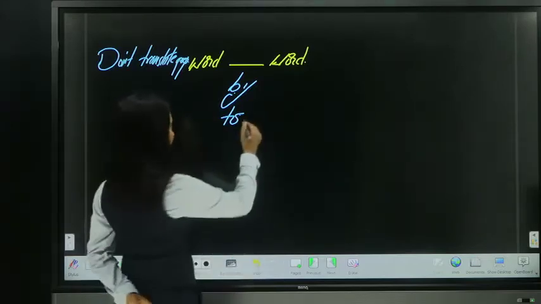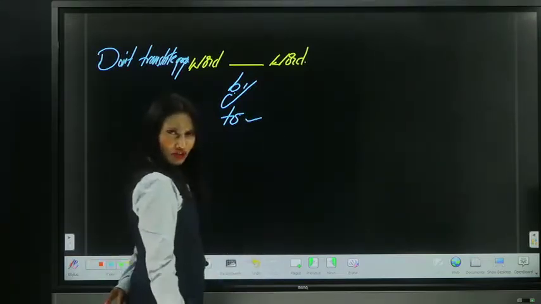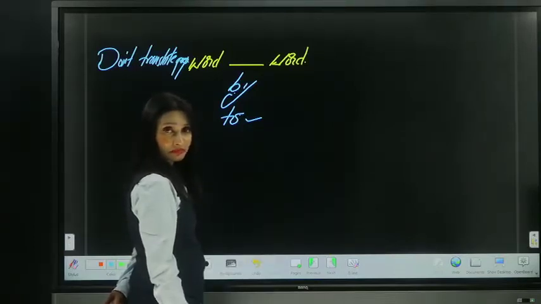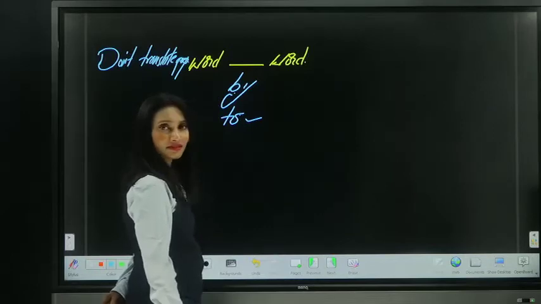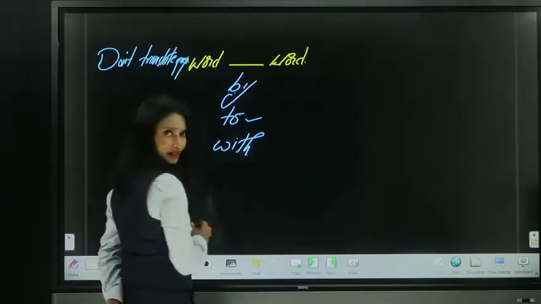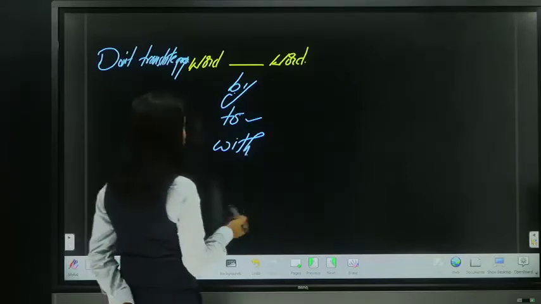Word to word. Any other prepositions do you think may fill the blank? Any other prepositions? Many feel it is word with word, word by word, word to word.